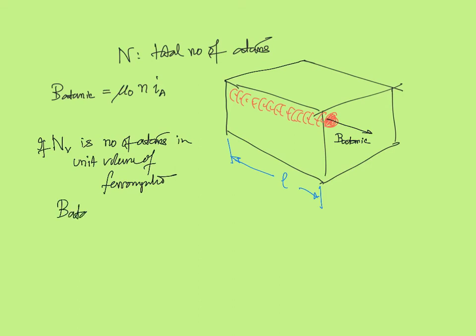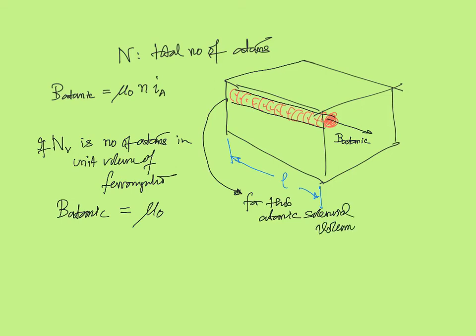We can again write B atomic is mu 0. What is the volume of this atomic solenoid? For this atomic solenoid, the volume is equal to L multiplied by alpha A. So that is NV, N multiplied by alpha A, divided by L. Got the point? Multiplied by IA.